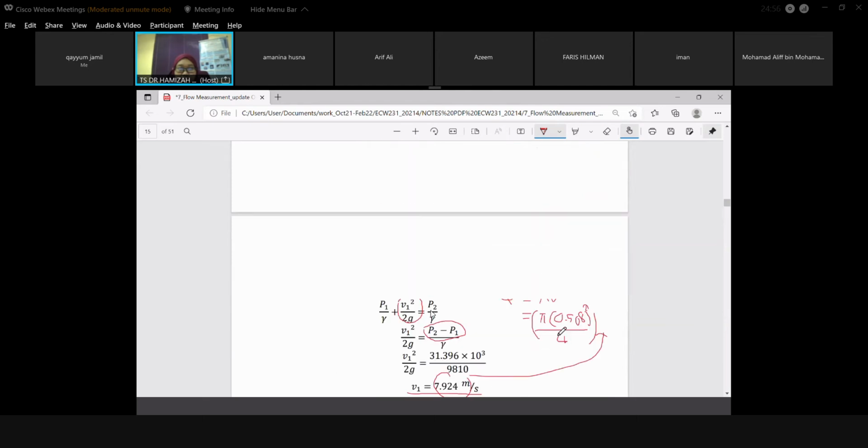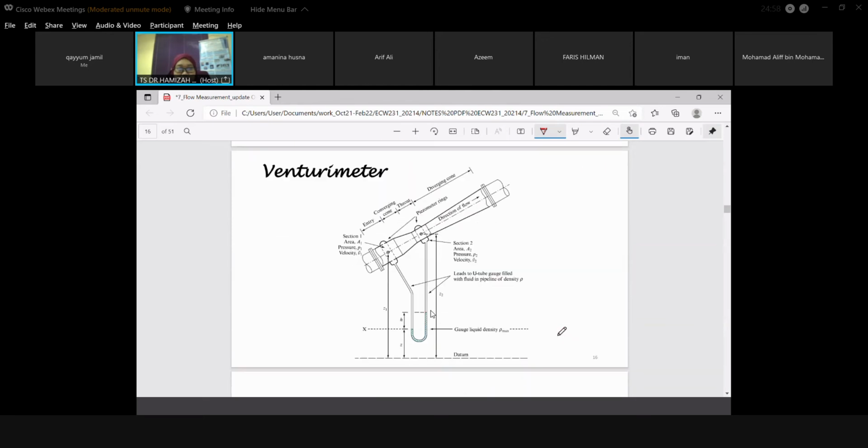Let's see the venturi in detail. This is the stream tube, or we call it a pipeline. This pipe has a converging section. The smaller size of the pipe, we call it the throat.